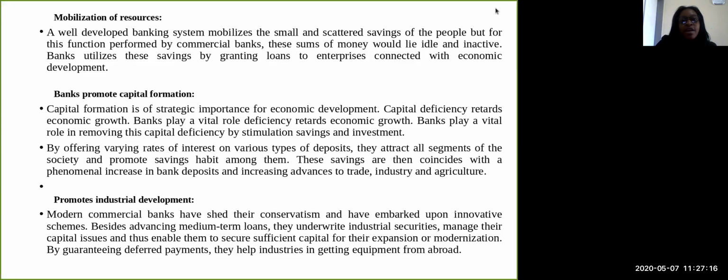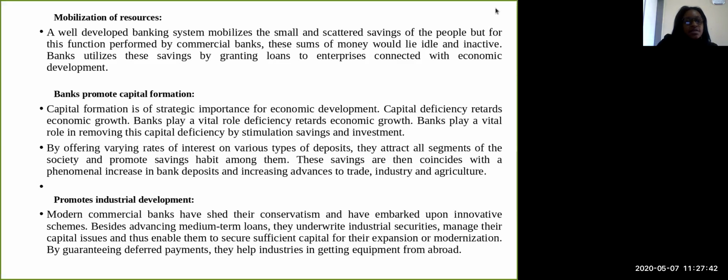By offering various rates of interest on various types of deposits, they attract all segments of the society and promote savings habits among them. These savings coincide with the phenomenal increase in bank deposits and increasing advances to trade, industry, as well as agriculture.